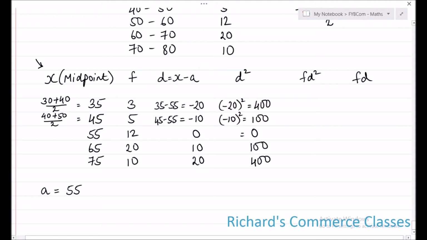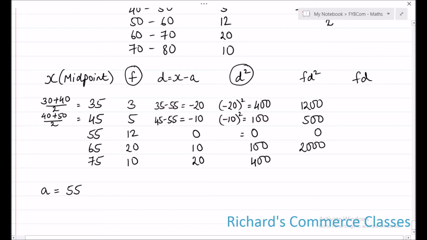So now to calculate fd square, you have to multiply f, which is our second column, with d square, which is our fourth column. So multiplying f into d square, it will be 3 into 400, and the answer is 1200. 5 into 100, that is 500. 12 into 0, that is 0. 20 into 100, that is 2000.